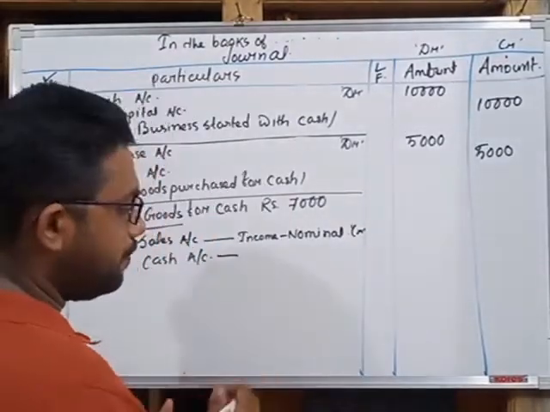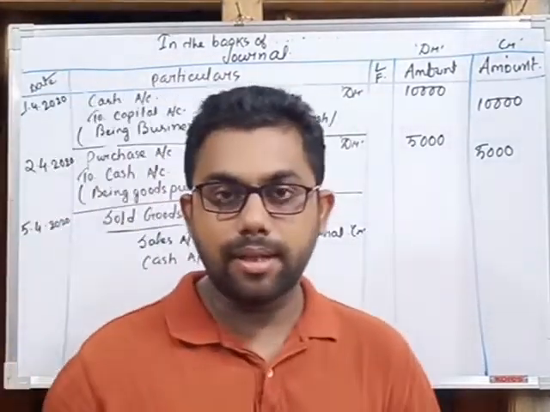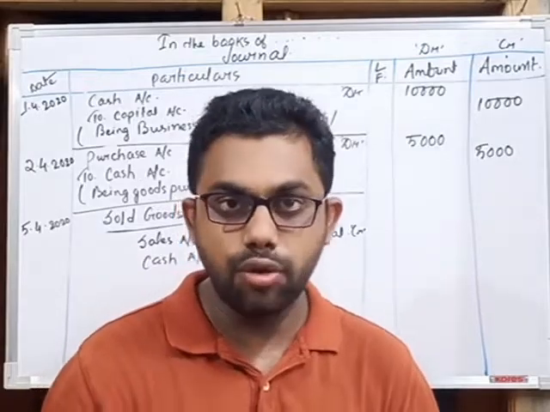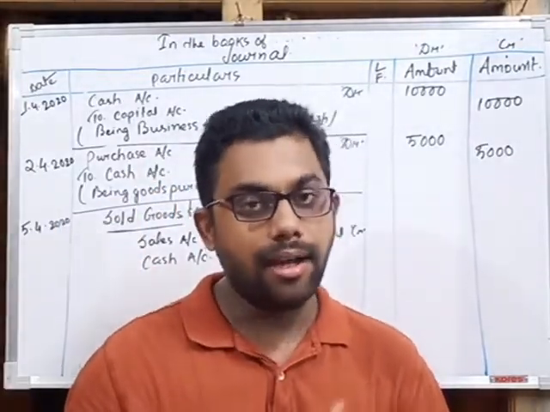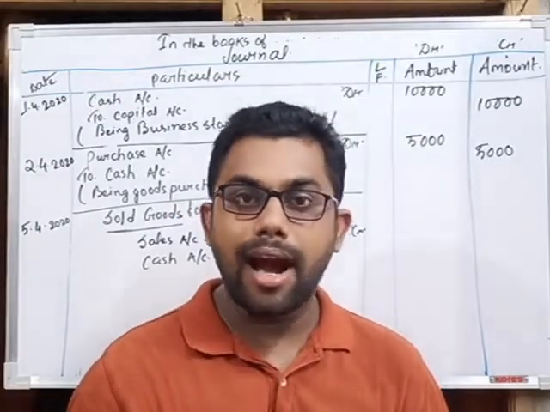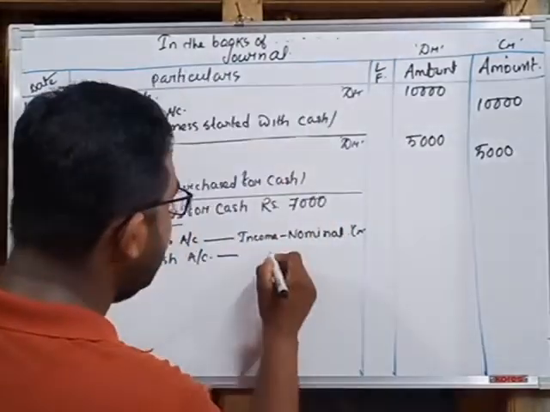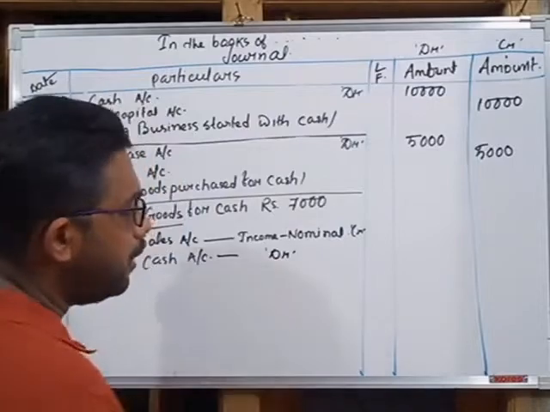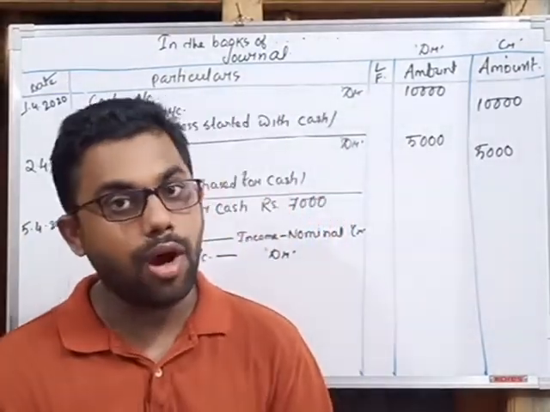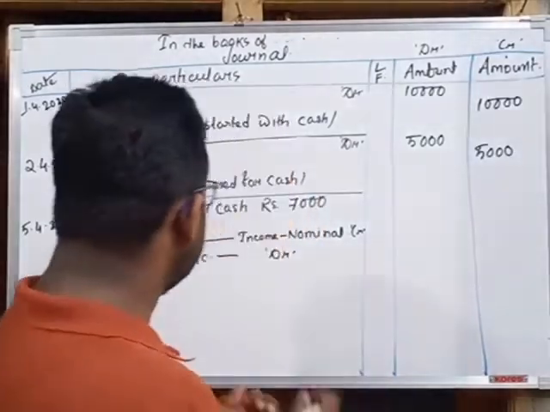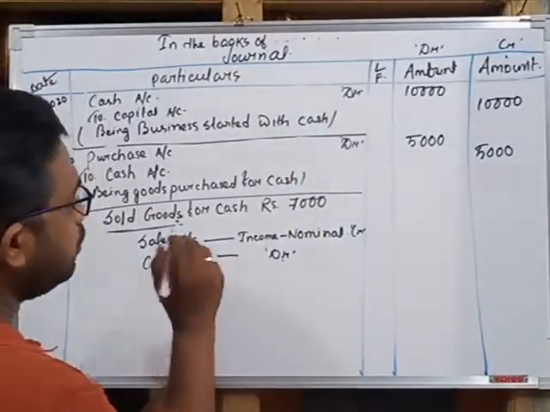And cash account means cash. When we sell goods to customers, the customer will pay us the money, so cash comes in the business, so it will be debited, because for real account the rule is that what comes in is debited and what goes out is credited. So we can say cash account debit to sales account.